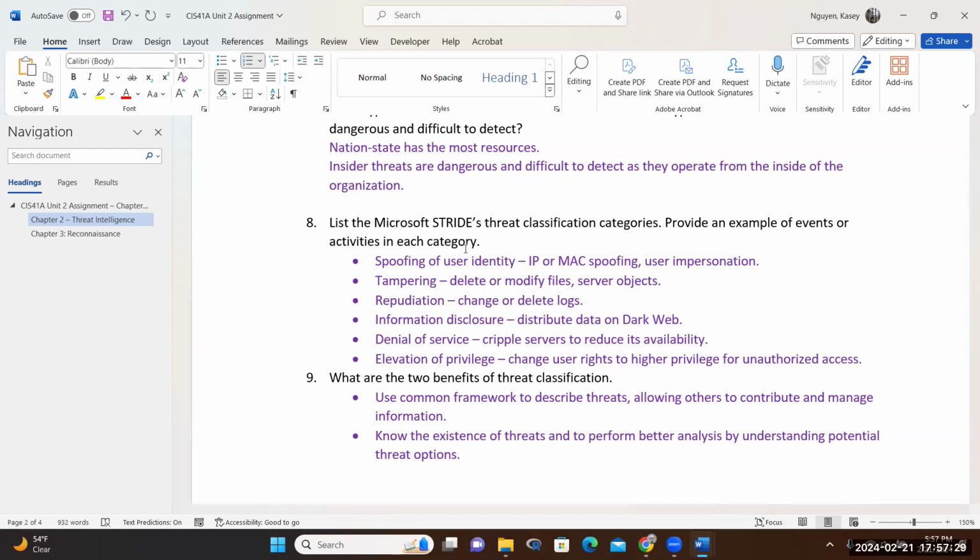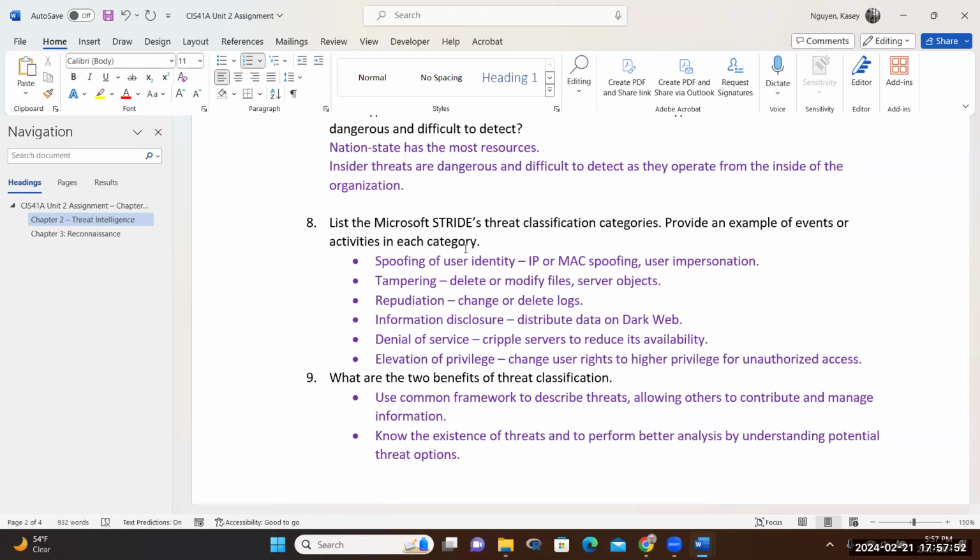And others, like professionals, are able to contribute and manage the information. So there are databases where you can submit new findings, and if it's already in the database, you can use it. So using a common framework is very helpful.